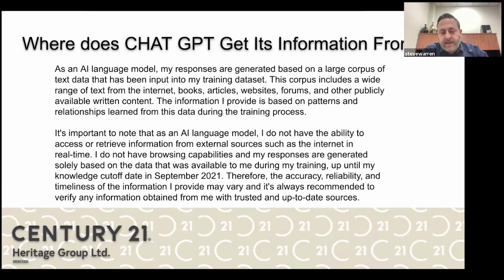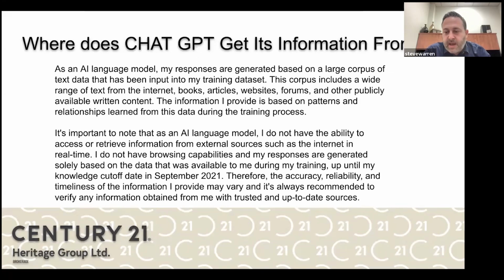I'm sure that will be updated, but I tested it last night, just asking basic things like, who won this game or who did this, and it can't do it because September 2021 is the cutoff of information that was available to it. Therefore, the accuracy, reliability, and timeliness of the information provided may vary. It's always recommended to verify any information obtained with trusted and up-to-date sources.